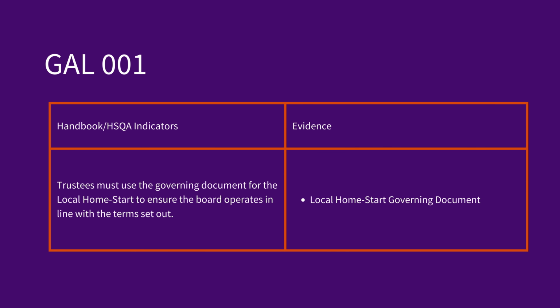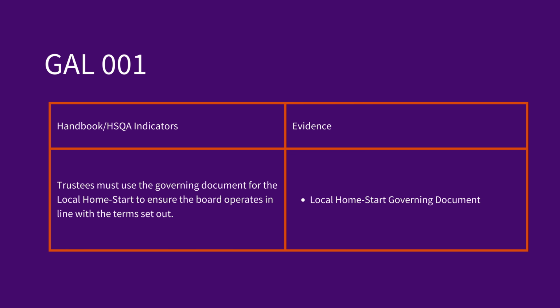So if we start from the top, GAL 001. So this is really the fundamental indicator that your Home Start is operating in line with its governing document. And for those of you that are incorporated, that will be your memorandum and articles of association.